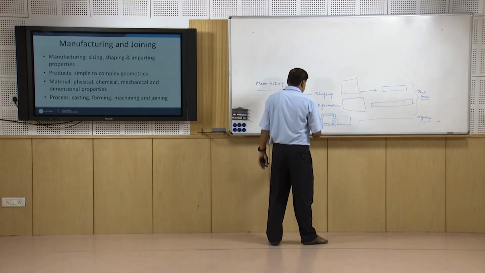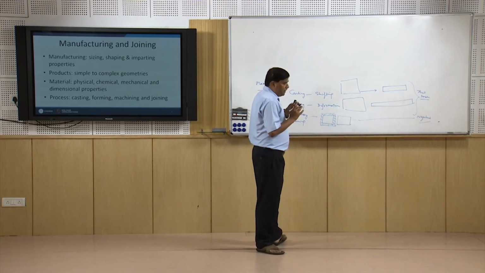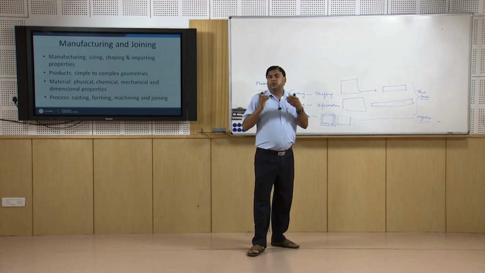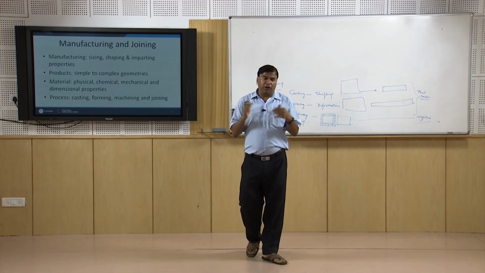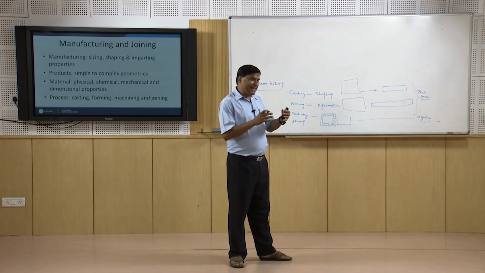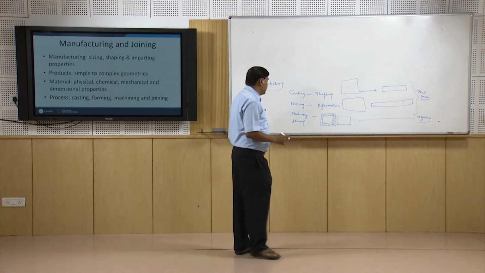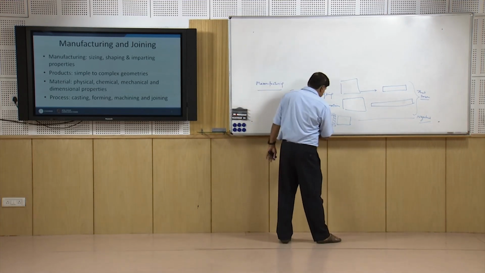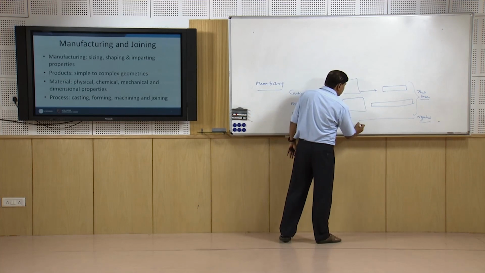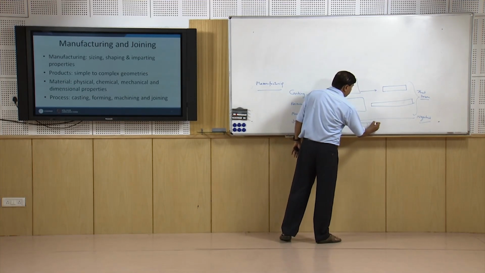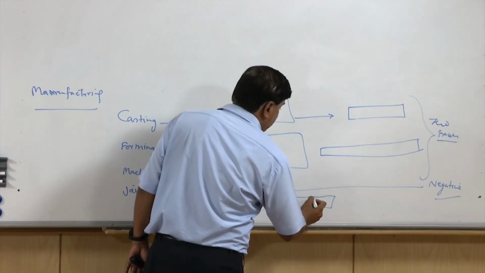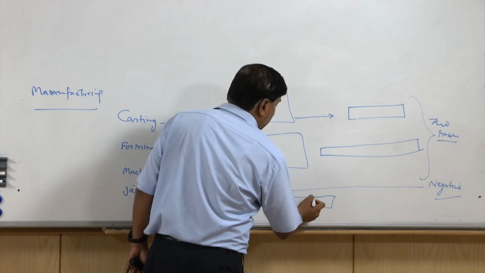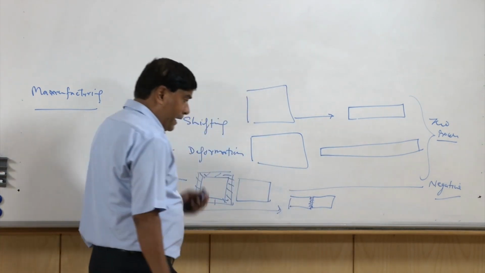While joining is a process where simpler shapes are brought together to achieve the desired size and shape in manufacturing. Basically it involves bringing two simpler components together to make the desired assembly.